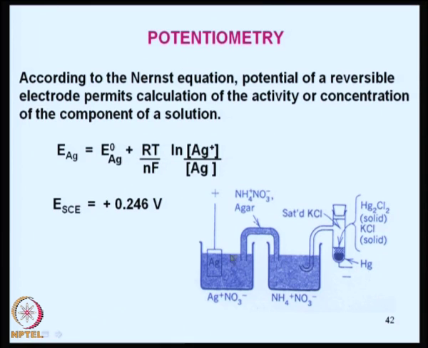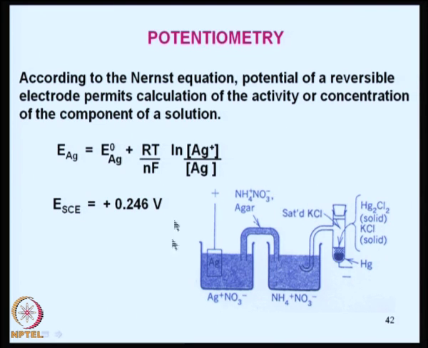So, coming back to this potentiometry, we can write the equation here in this slide. Basically, what is happening? I have a silver solution, and then there is a salt bridge containing ammonium nitrate and agar, and one end is dipped in silver nitrate, another end is dipped in ammonium nitrate solution, which is connected electrically to a calomel electrode, and this silver electrode is here, and both plus and minus are connected to a potential source, like a battery or other systems.